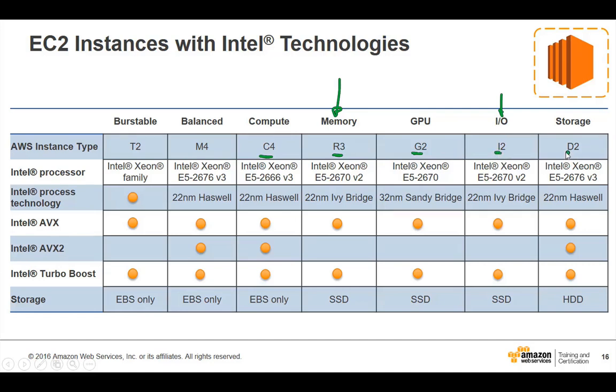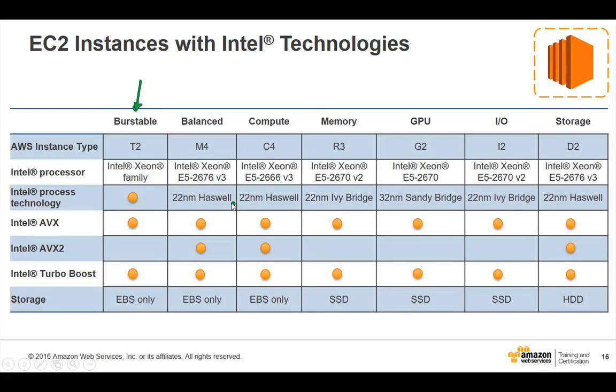You need dense storage, not a problem, use a D-type machine. When I first saw M, by the way, I thought, oh, that means memory. No, I think of that as middle of the road, mainstream machine. If you want high memory, you're going to use an R-type machine. In fact, we have a new one, which I'll get into later, called an X, which is really high memory. The one on the left here that you see, the T, is slightly different than all the others.